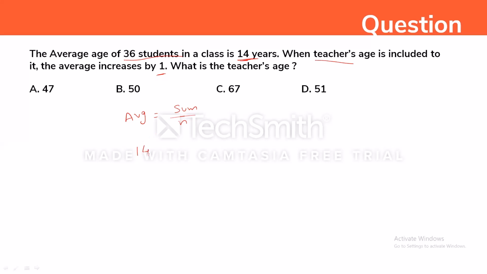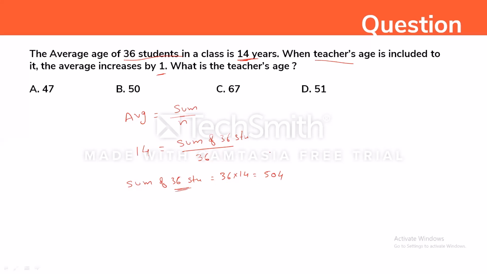Sum of 36 students divided by 36 gives the average, so the sum of 36 students is 36 into 14, which equals 504. This 504 is the sum of the 36 students' ages.